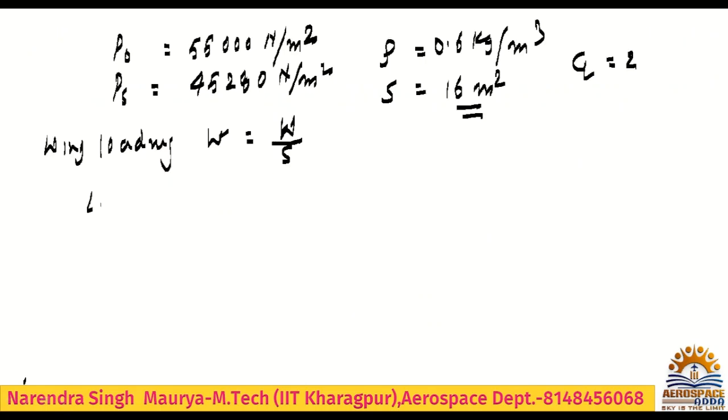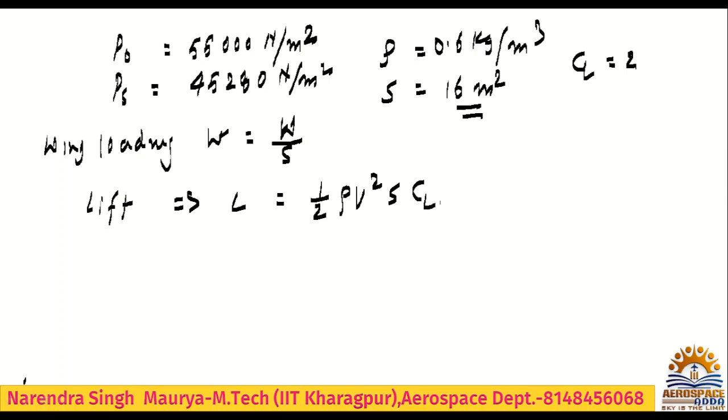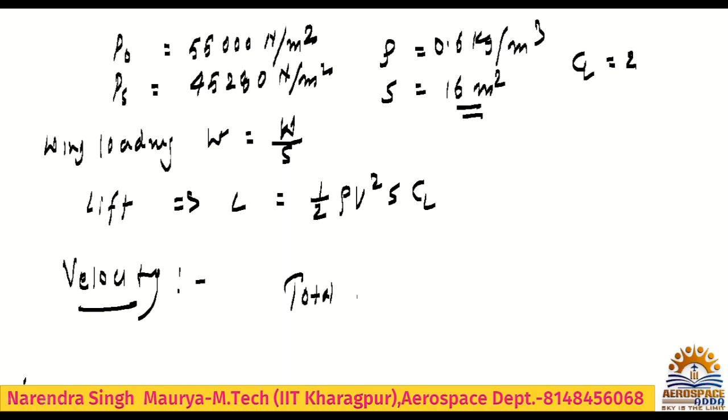So what will be the lift? Check. Lift force will be L equal to half rho V square S into CL. CL is given, S is given, density is given, velocity you have to calculate. So how can you get that velocity? Check. What is the total pressure?